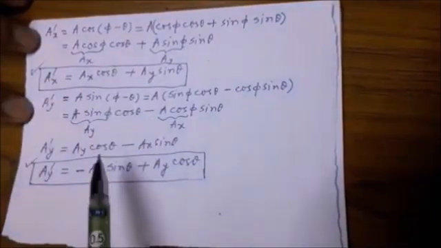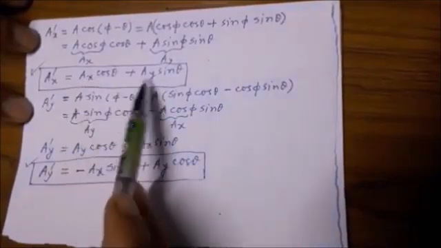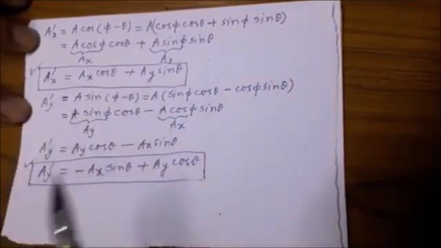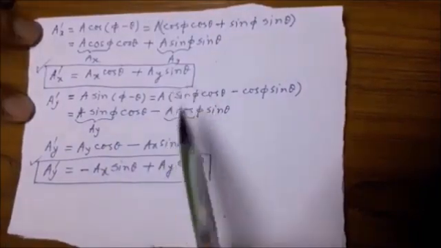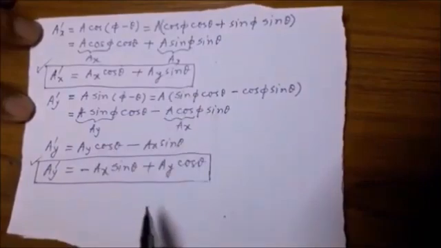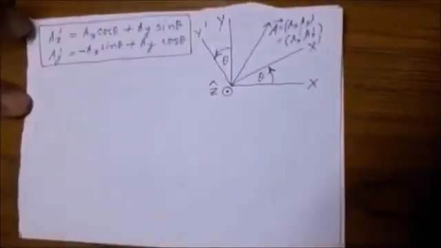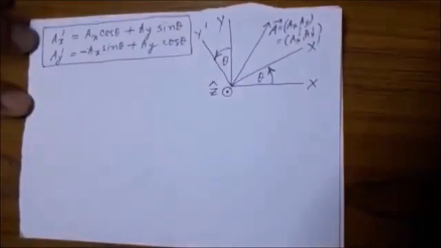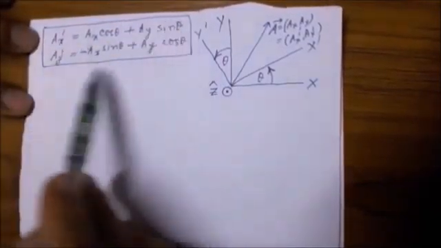So through these relations we can switch over from ax ay to ax prime ay prime. Let us pluck these relations and write it afresh. So let us, in other words, make a gist. So this sheet shows the gist.